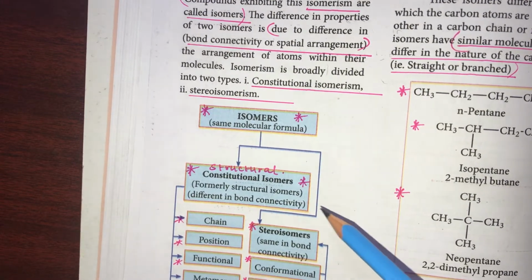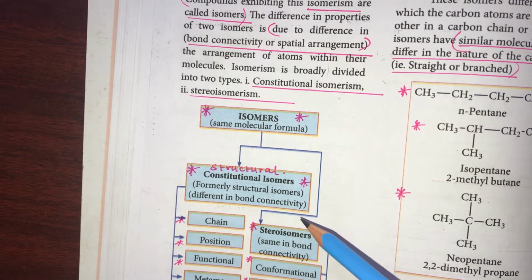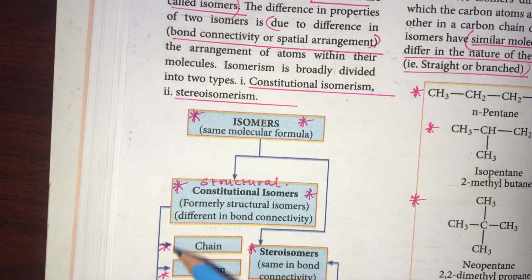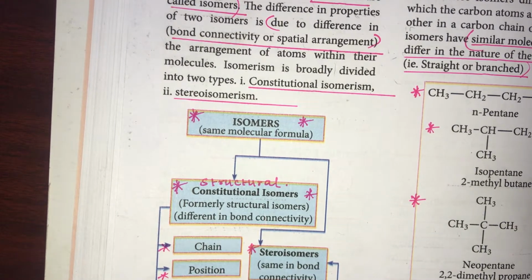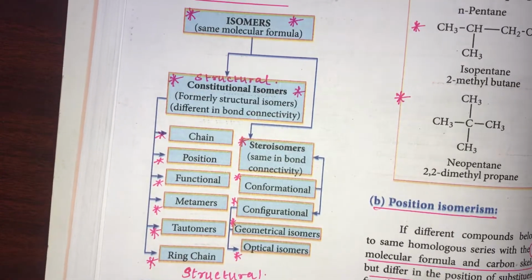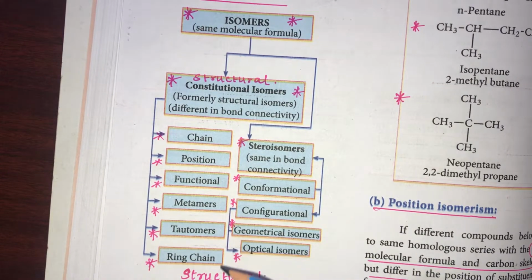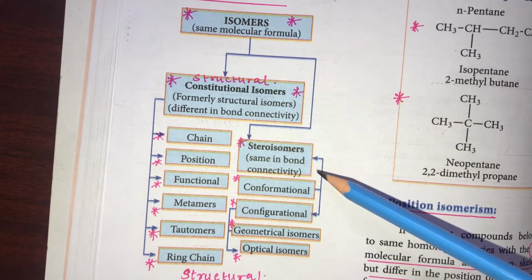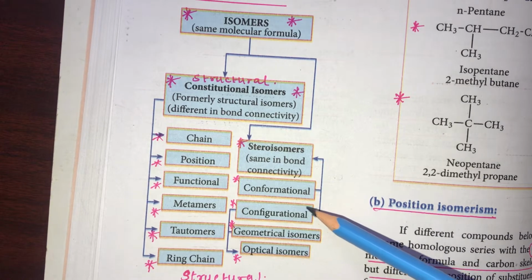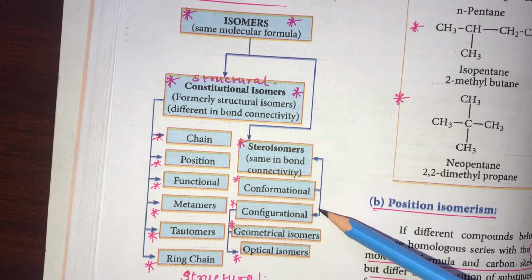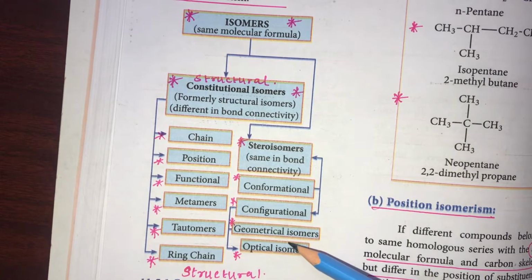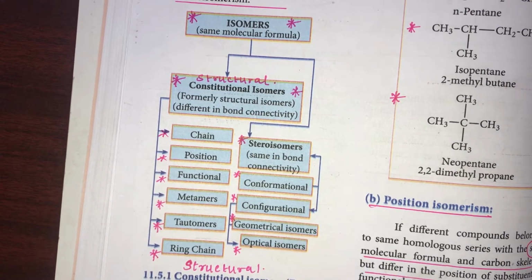Structural or constitutional isomerism is due to the difference in bond connectivity. Its types are chain isomerism, position isomerism, functional isomerism, metamerism, tautomerism and ring chain isomerism. Stereoisomerism has the same bond connectivity, and is again classified into configurational and conformational, that is, geometrical isomerism and optical isomerism.